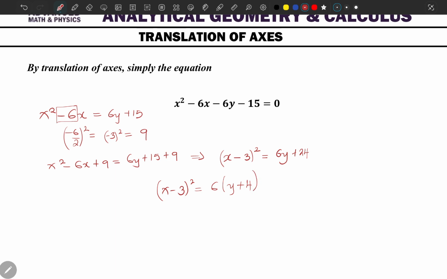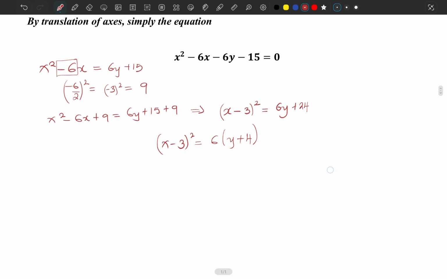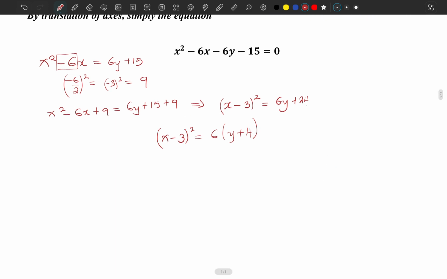Now that we've gotten what we are looking for, remember that, of course, this is a parabola. Remember that the standard equation is x minus h squared equal to 6 times y minus k.